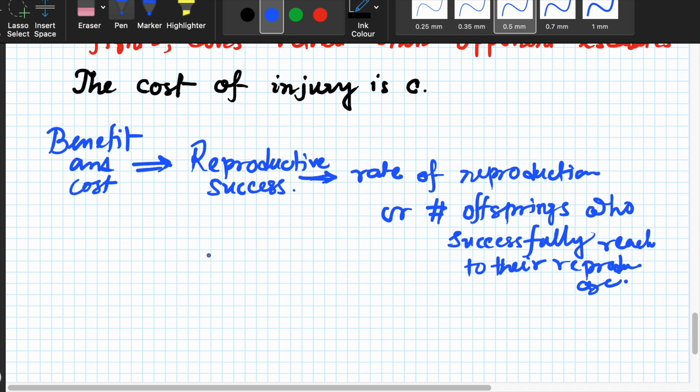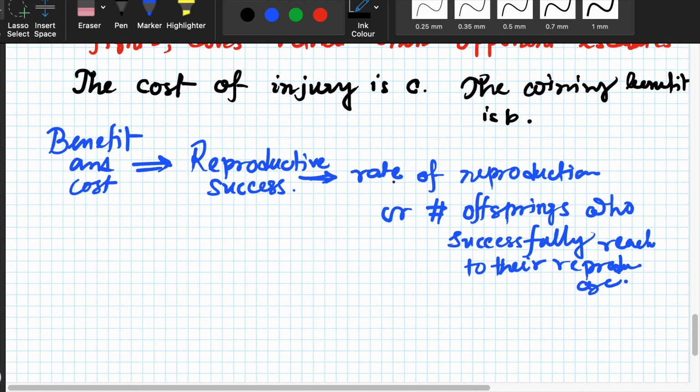So the cost of injury is C, and suppose there is one mate, so the benefit of winning the fight is B. You can equally see that when male lions fight for getting a pride, sometimes the fight escalates to a point where the lions inflict serious injury on each other, but most of the time you will find that they are showing aggressiveness and not escalating fights.